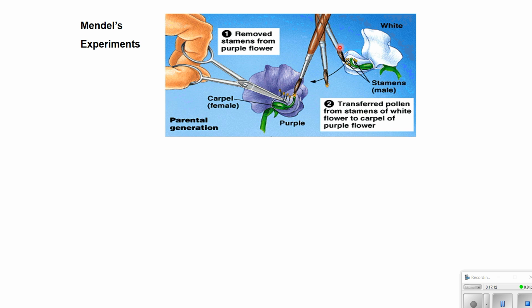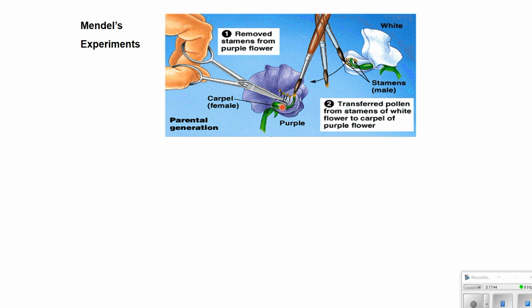And he would take a little paintbrush and pick up some pollen from the male part called the stamens, and he would transfer that pollen over to the stigma, which is part of this female part here called the carpel, and the little tip is the stigma. And basically when you put pollen on the stigma, sperm cells travel down this tube and they fertilize the eggs that are forming inside this little area here.